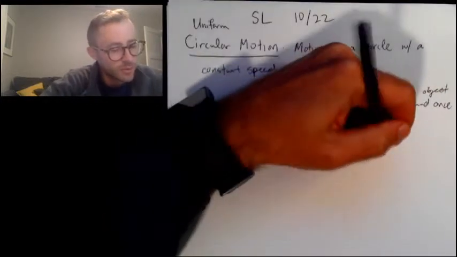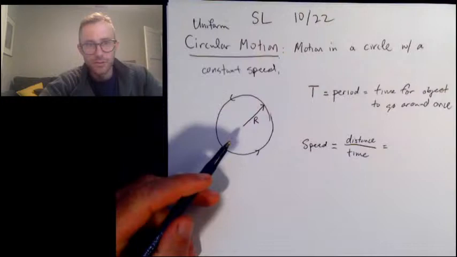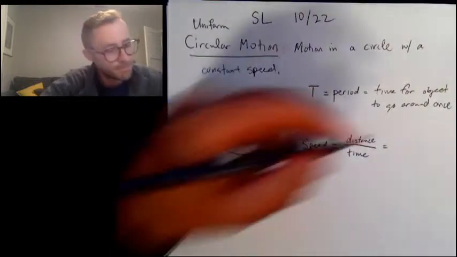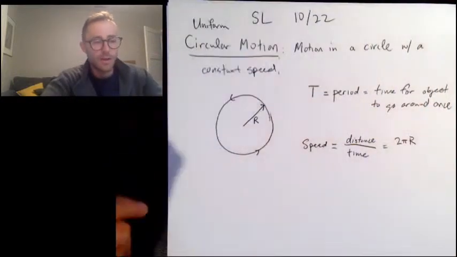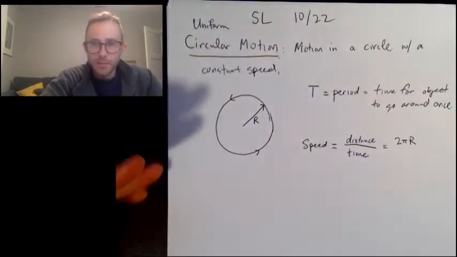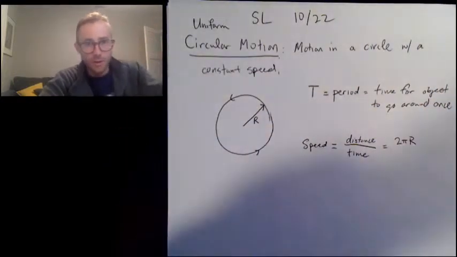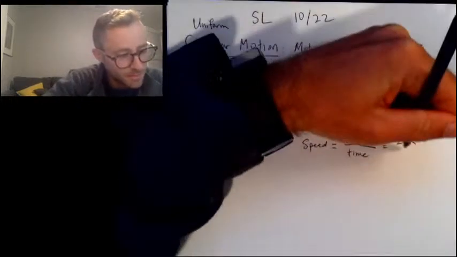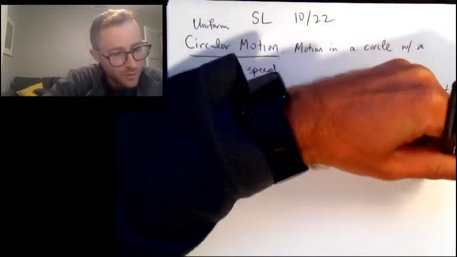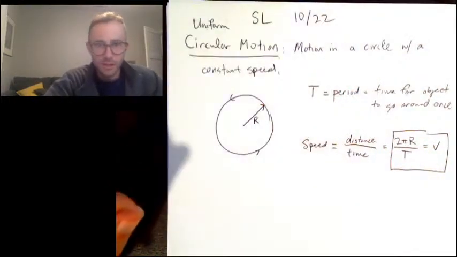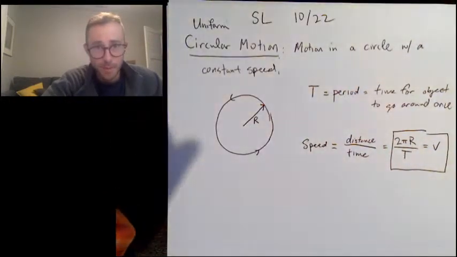So the circumference of a circle is 2 pi r. Okay. The time it takes to go around the circle is the period. So this is an expression for the speed in circular motion. It's 2 pi times the radius divided by the period. Okay.